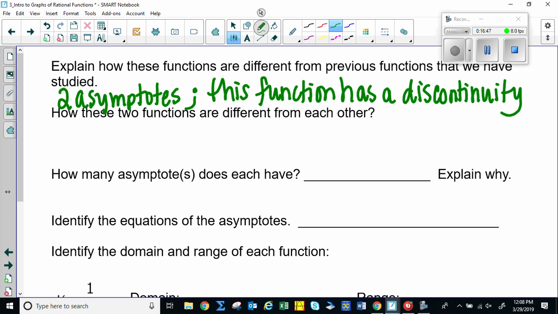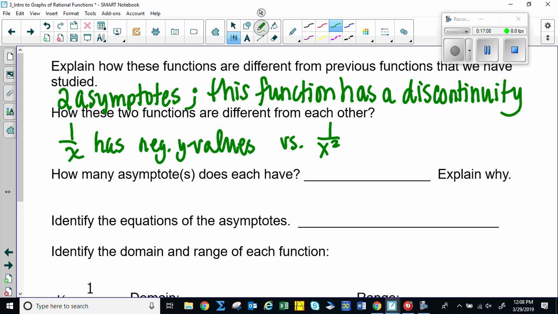Then if I look at the 2 we did today, how are those 2 different from each other? So if I compare 1 over x, I could say it has negative y values versus 1 over x squared only has positive y values.